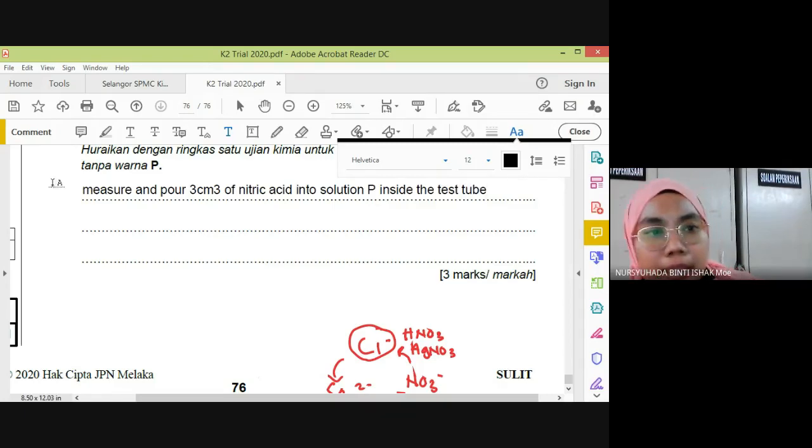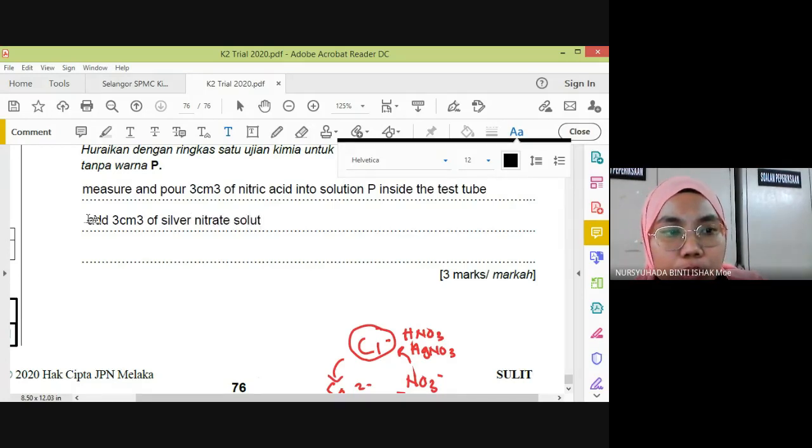Satu markah. Markah yang kedua, add 3 cm3 of silver nitrate solution into test tube. Okay, then barulah observation. Apa observation dia guys?